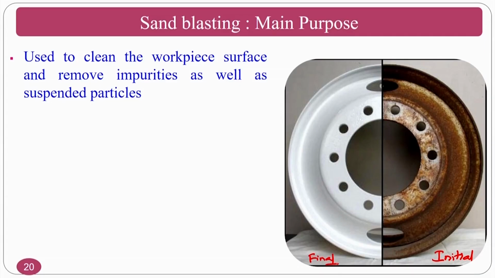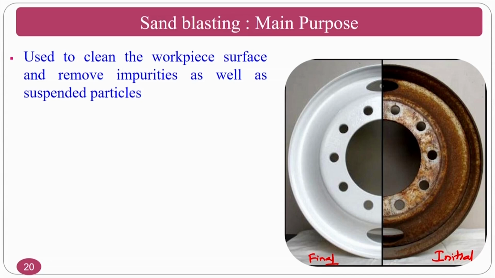Okay, so assume that I have an oxide film or a rusted film, and that is removed. At the same time, the surface is contoured, that means the surface pattern is different. You have different contours, nooks and corners, and your sand has to reach them. For that purpose, you can use sand blasting.